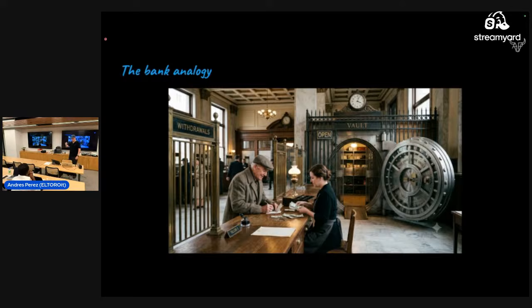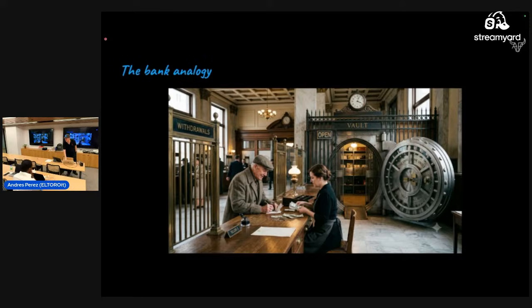You walk to the lady in the bank's branch office and you say, "Give me my money." She will give you your money. Anybody else walks in and asks for somebody else's money, they will not give it. If they do, let me know. But you have to walk to the branch.